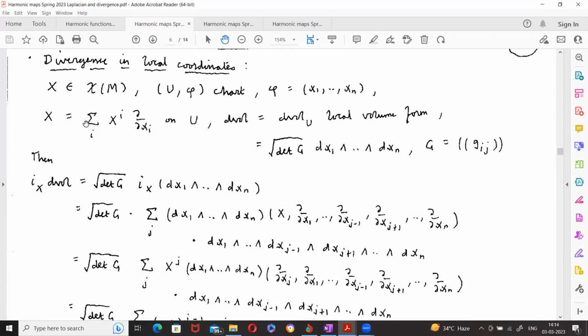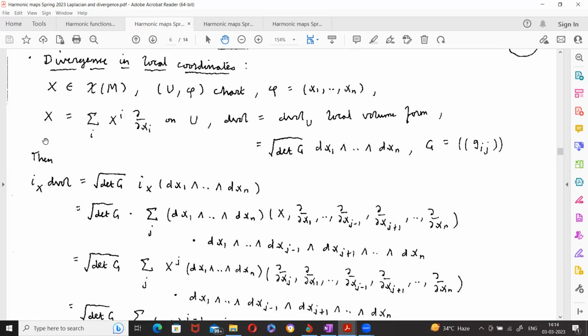Then X I can write as the summation of X^i del del x_i, right? Where X^i are the components of X with respect to the basis del del x_i. So then my local volume form dvol I can write as the square root of the determinant of g times dx1 wedge through dxn, right? This we already saw.